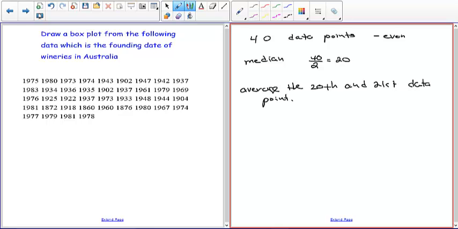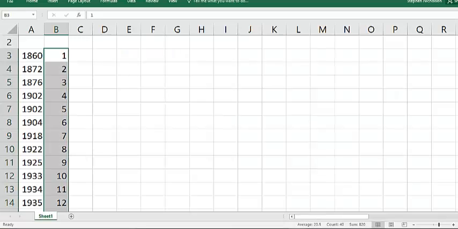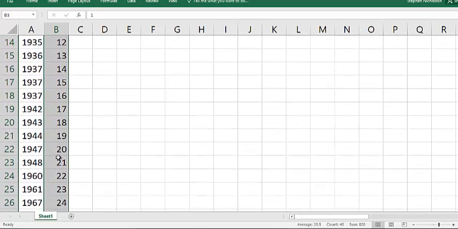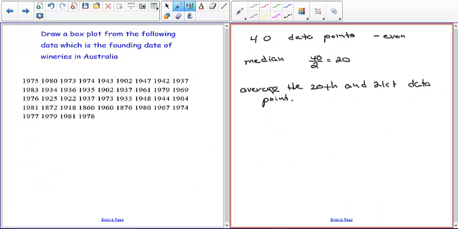So now if we go back to our listing and we go down to the 20th data point, that's 1947, and the 21st is 1948.